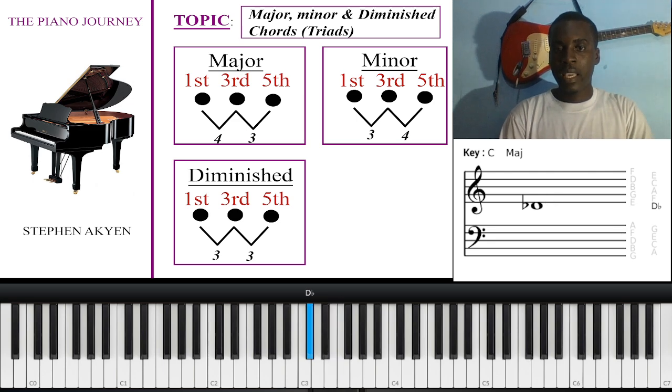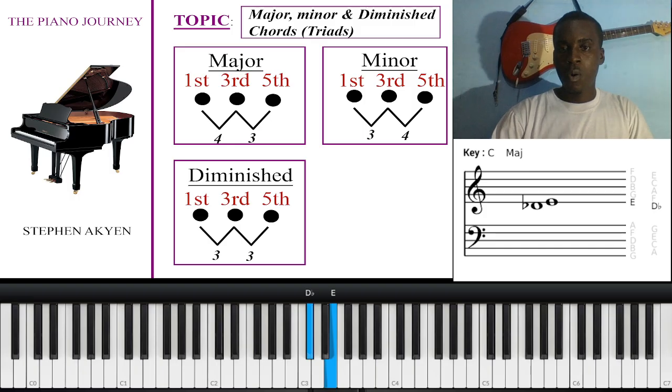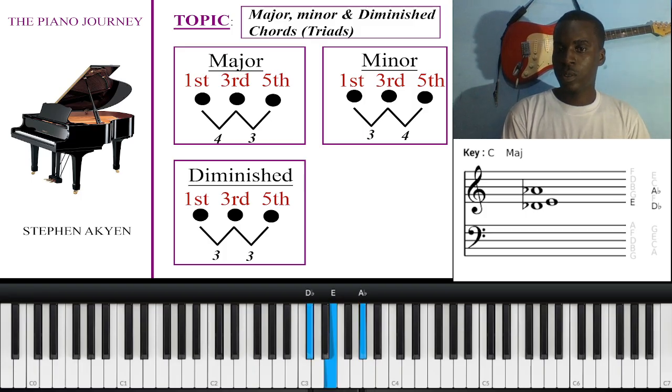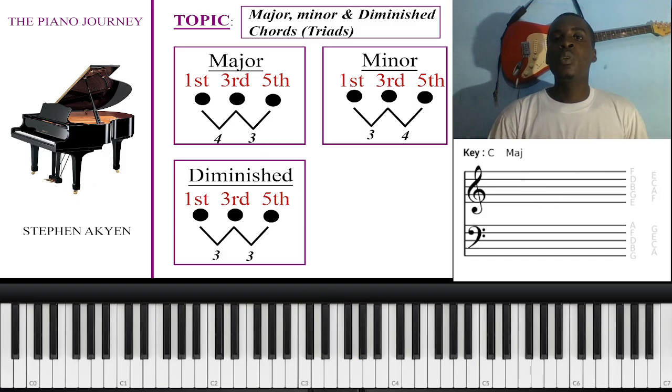Okay, then from the third we count another 1, 2, 3, 4 to get our fifth. So you understand it. So in simple terms, the formulas for the major and minor are 4, 3, and 3, 4 respectively.